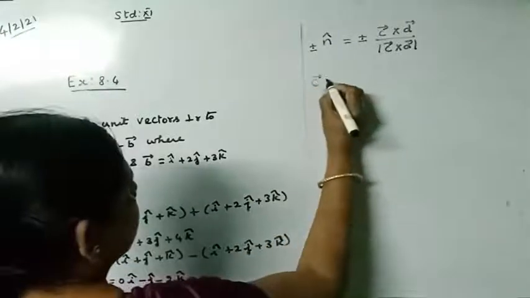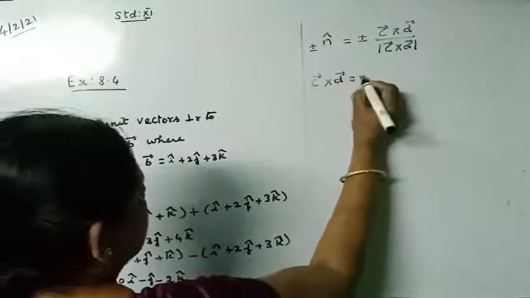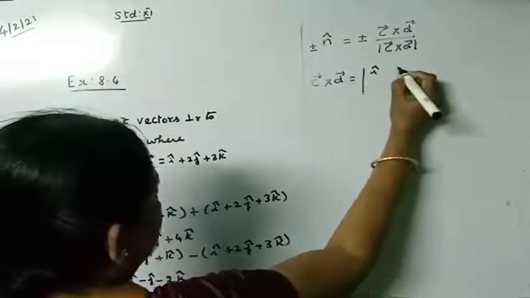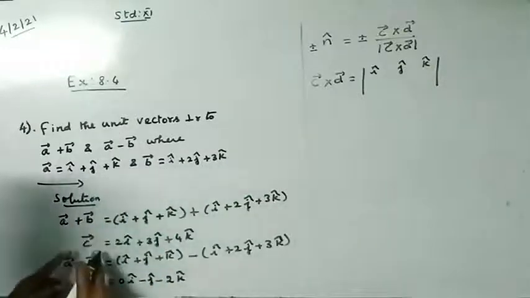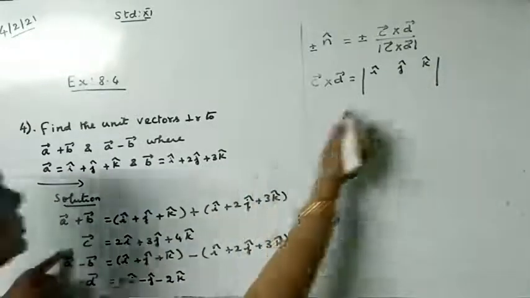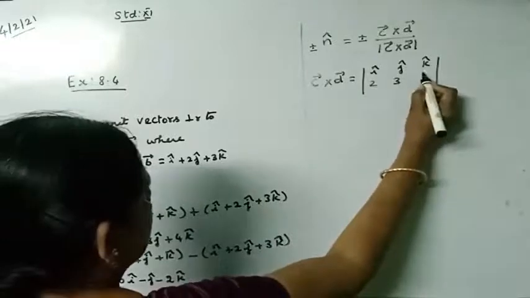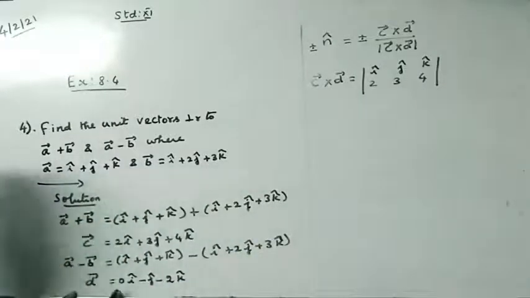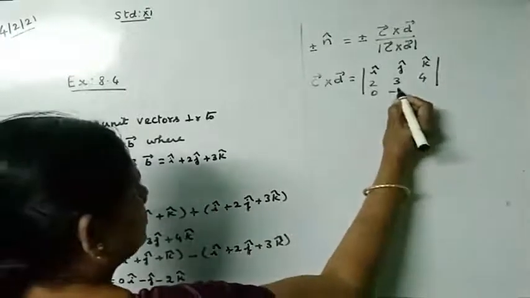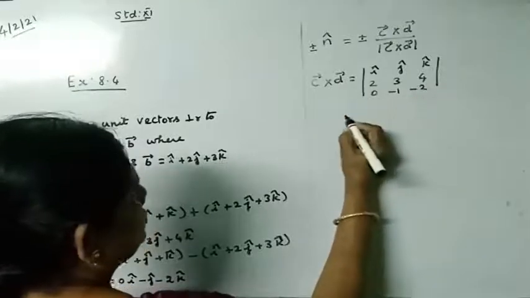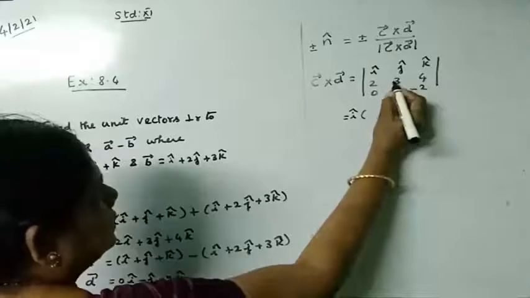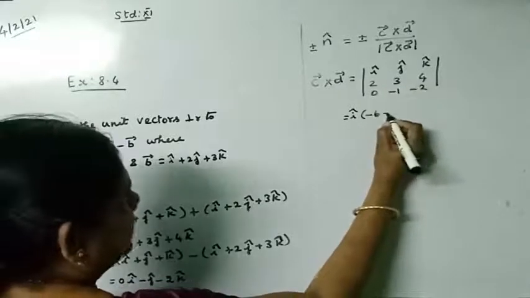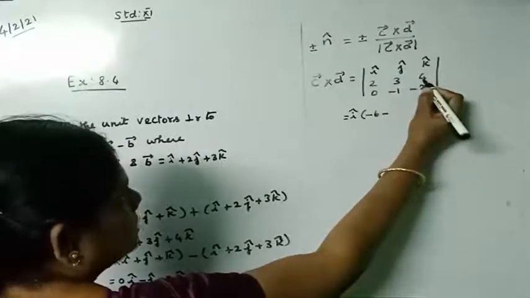So C vector cross D vector is equal to the determinant with i cap, j cap, k cap. And C vector is 2, 3, 4. The coefficients are 2, 3, 4. And D vector is 0, minus 1, minus 2. So which is equal to i cap of, take this minor and solve. 3 2s are 6, minus minus 1 into 4 is minus 4.